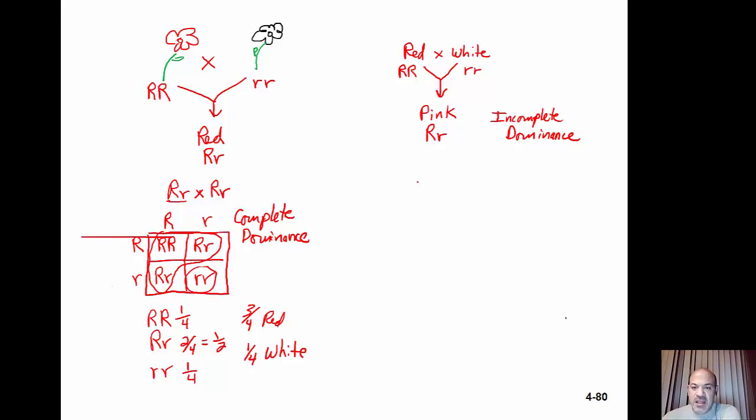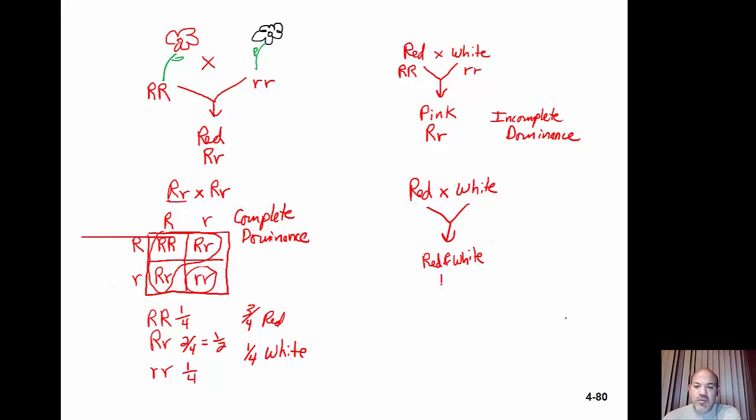And then let's say we come across another plant species in which we have true breeding red and true breeding white again, and when we cross them, we get flowers that produce, on the same flower and the same plant, both red and white petals on there.